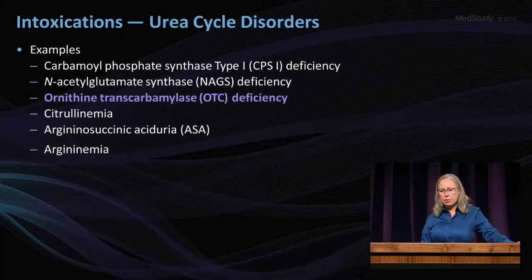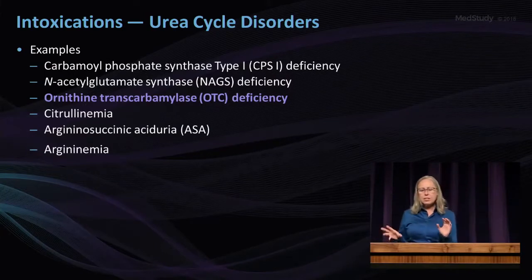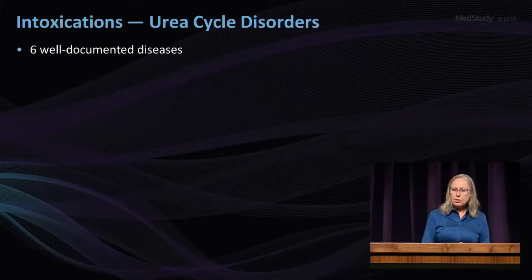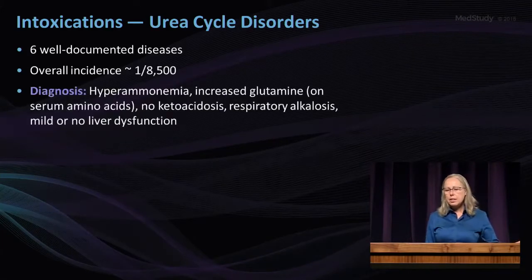All right, urea cycle disorders. 6 diseases, 1 is X-linked. So that's the OTC. Overall incidence altogether is about 1 in 8,500. All of them, well, most of them, cause hyperammonemia.